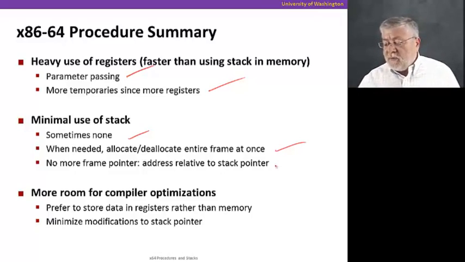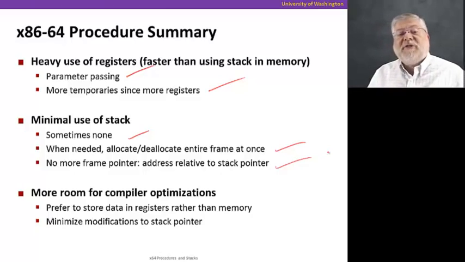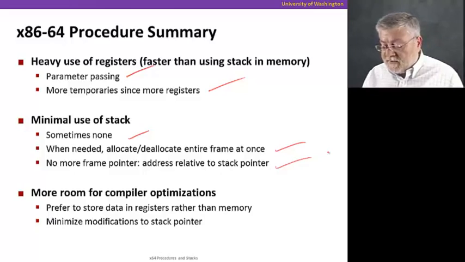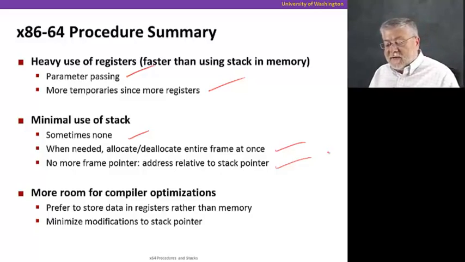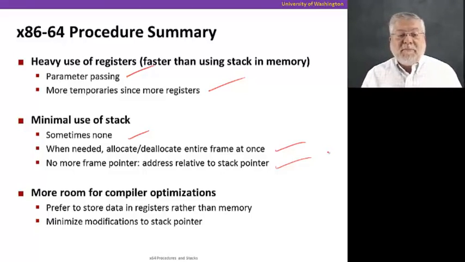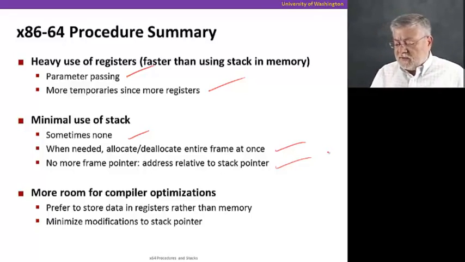So we don't bother with a frame pointer anymore and address everything relative to the stack pointer, as you saw in that previous example. This also creates a lot more room for compiler optimizations that can play with the registers and best make use of them, so we don't have collisions that would cause us to have to save registers and so on.